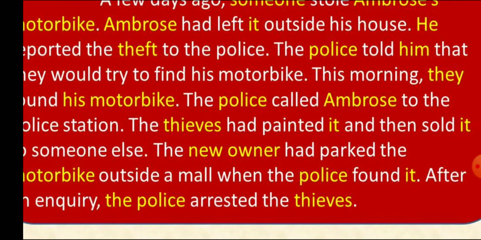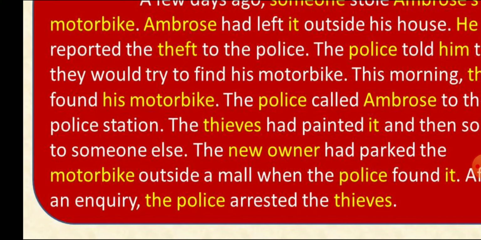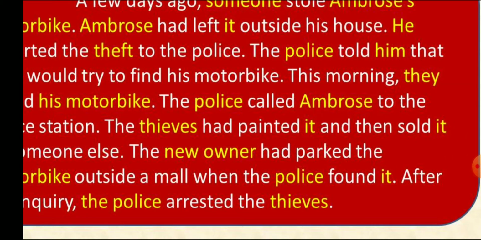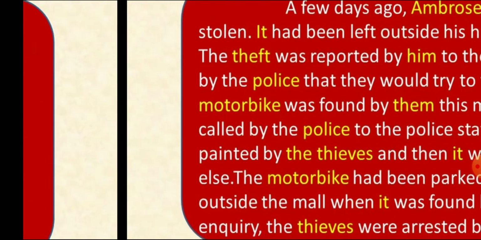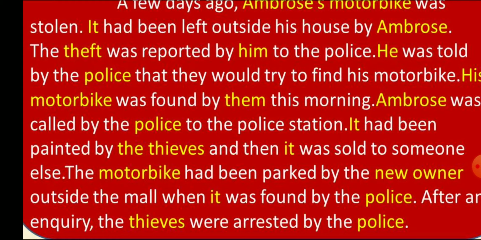Then the second one, sold it to someone else: And it was sold to someone else. Like this we have to change it. The first part is in past perfect tense and the second part is in past tense.